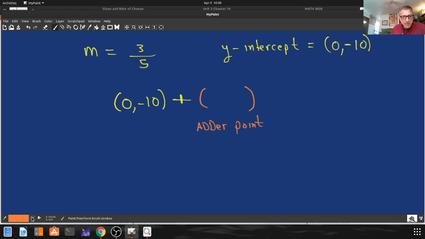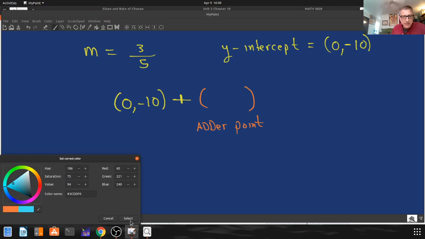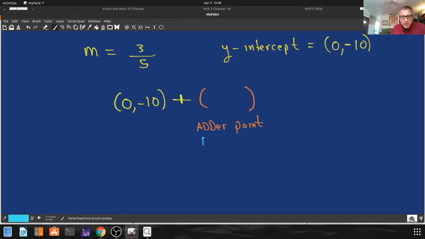And the thing to remember about the adder point is it's not necessarily a point on our line. As a matter of fact, the only time it would be a point on our line is if the line goes through the origin. Any other time, it won't actually be. So that's the reason I'm going to call it an adder point.